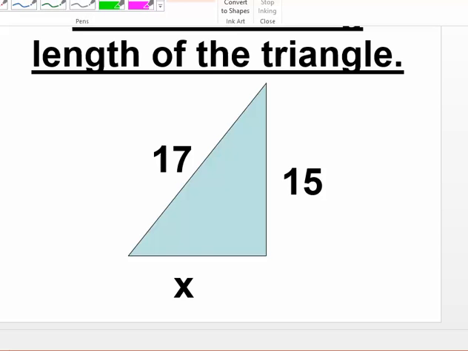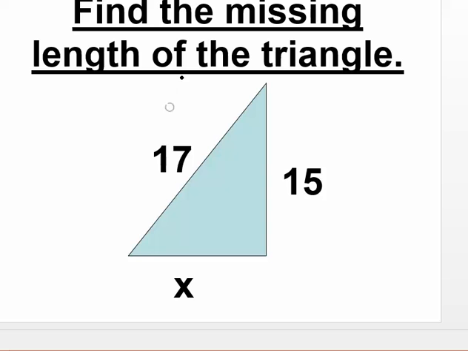Let us use our Pythagorean theorem once again. A squared plus b squared is equal to c squared. 17 is the longest side, so that is 17 squared. We're going to say 15 squared plus b squared. We must square 15.